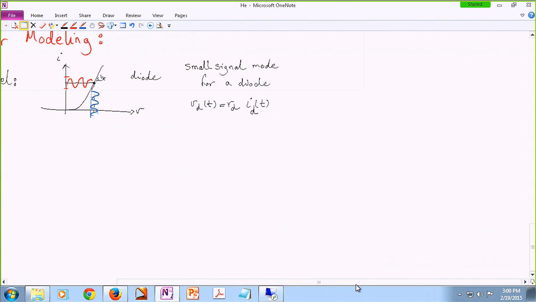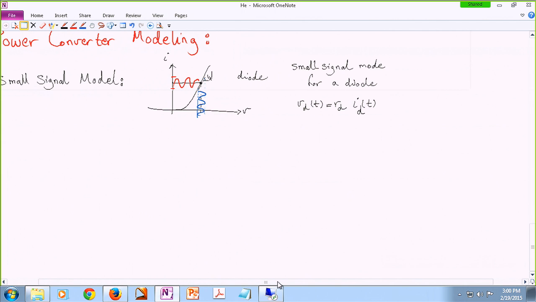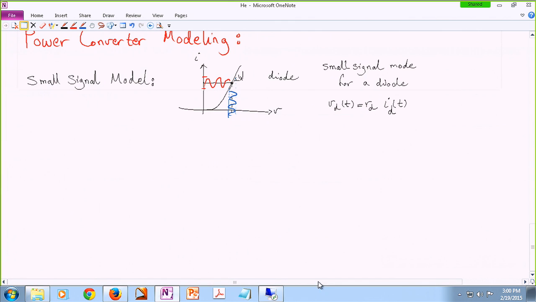Let me draw it. Let's say you have a power electronic converter, for instance, the buck topology.